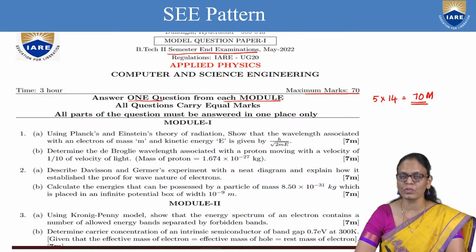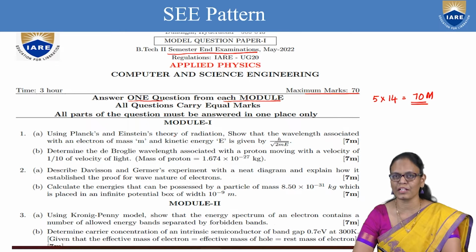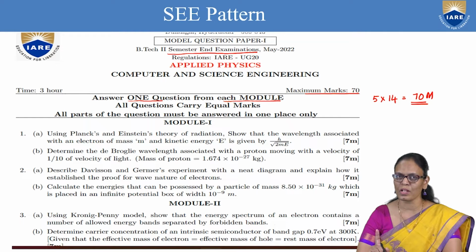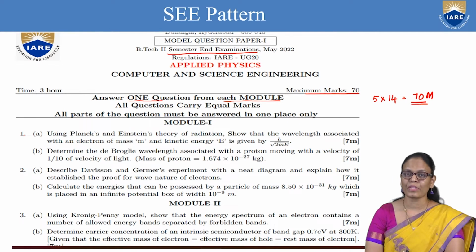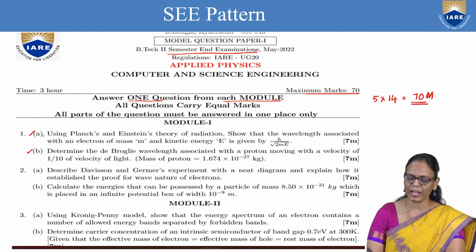From module 1 and 2, there will not be any choice. You will be given one question according to the recent pattern. So in module 1 you have to answer 1 question, and module 2 also 1. Here, in the first question, you will have part A and part B. Part A will be a theory question for 7 marks, and part B will be an analytical question for 7 marks.